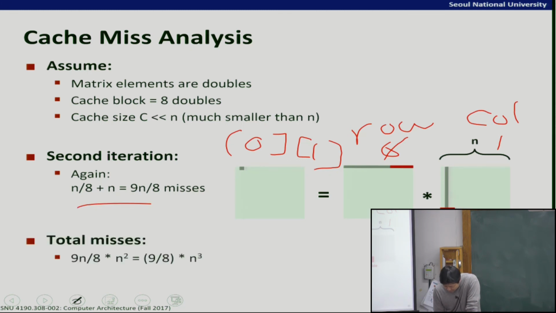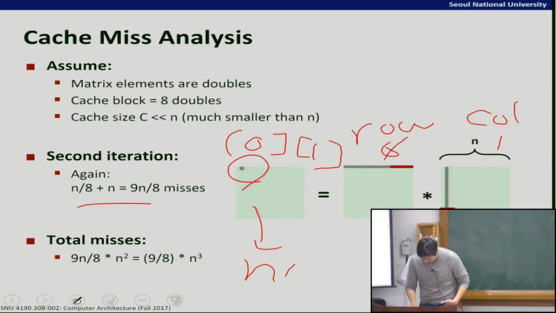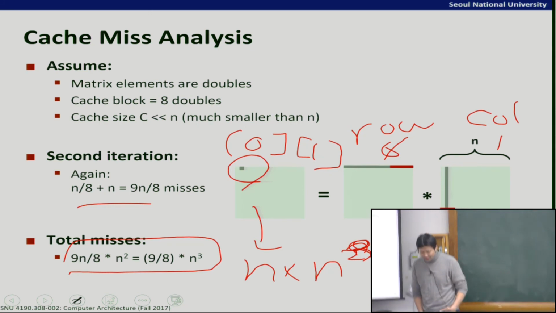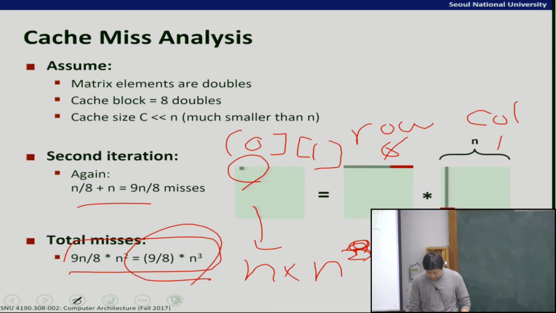This repeats for all the elements, because we have n by n elements, and we repeat this process n by n times. So the total number of misses will be 9n over 8 times n squared, which is 9 over 8 times n cubed. That's the total number of misses we have to pay to compute this matrix multiply.